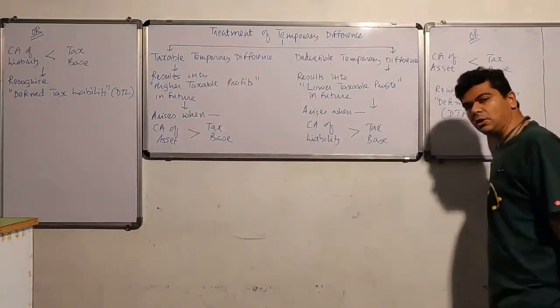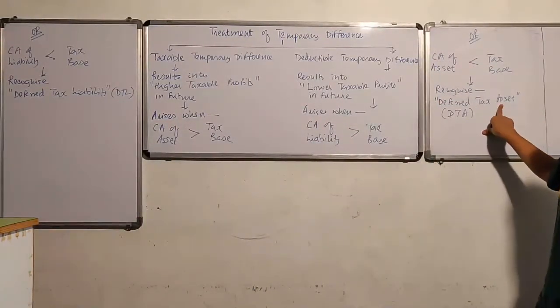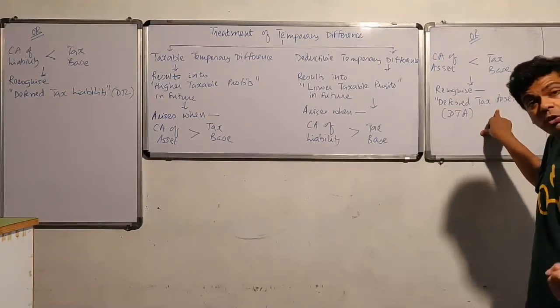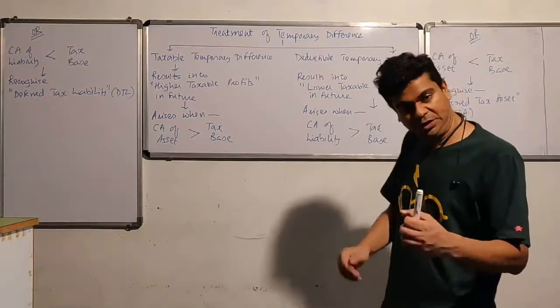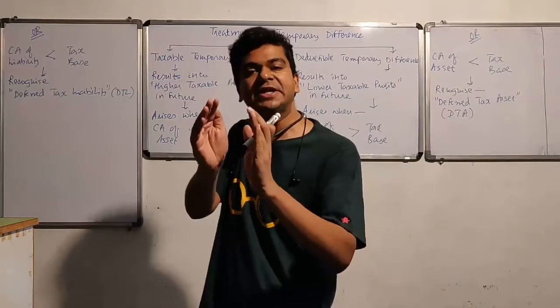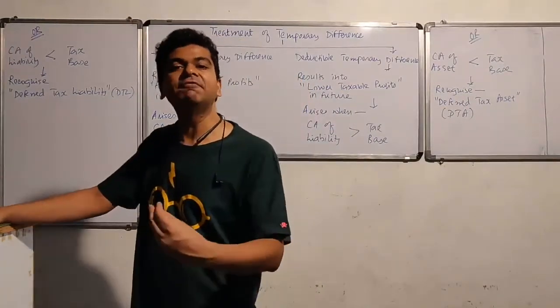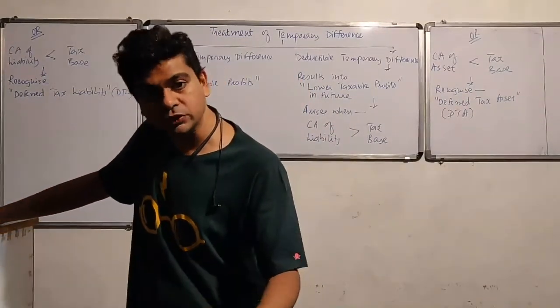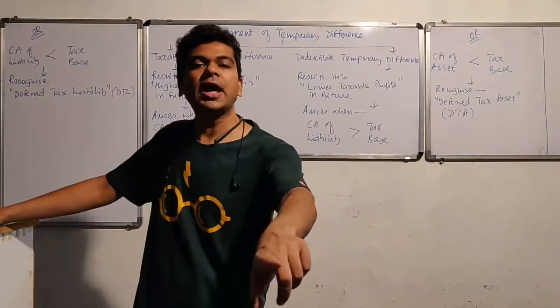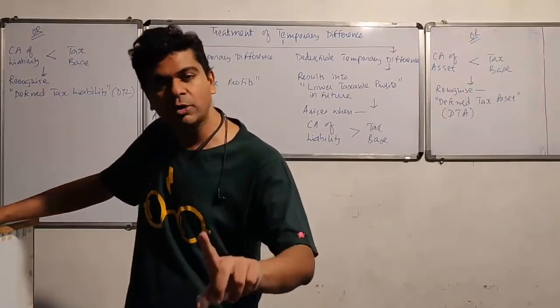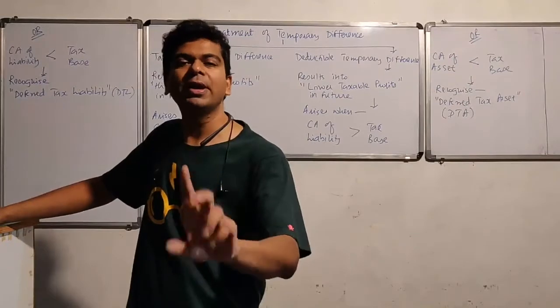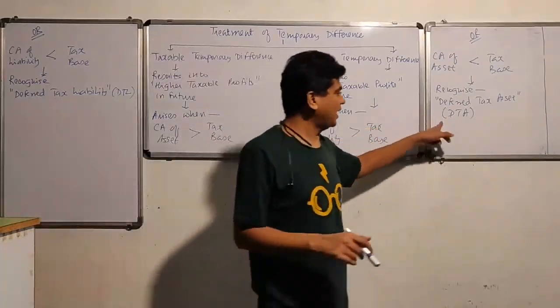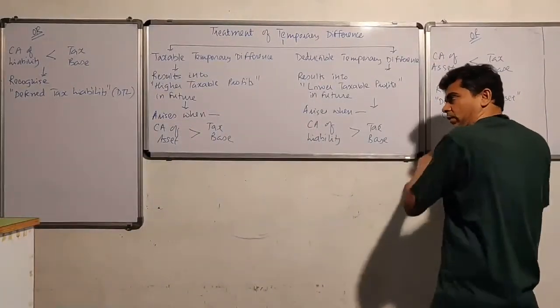An asset is a resource that you are controlling which will give rise to future economic benefits. So this particular saving in tax I will recognize as a deferred tax asset in my books. Current year I will pay more tax, but I will tell myself that currently you are paying more, in future you will pay less tax. That's where I will recognize a DTA.